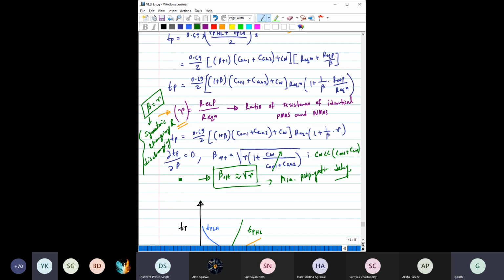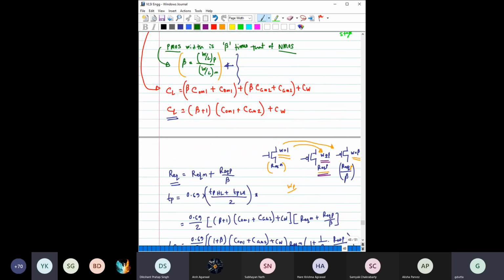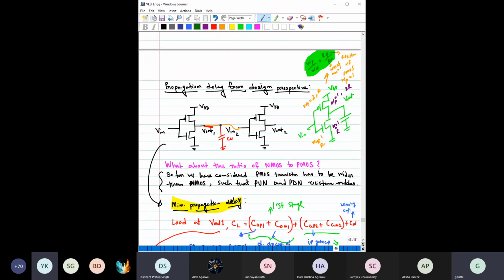Say for example, let's say this is 2R, okay, this is R, right? Then making WP equal to 2 and WN equal to 1 would give you symmetric charging and discharging profile. But making WP equal to root over of 2 and WN equal to 1 would give you the minimum propagation delay.